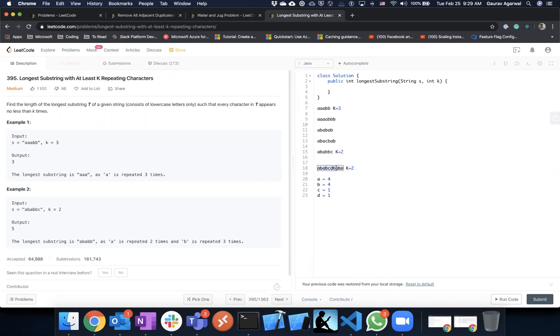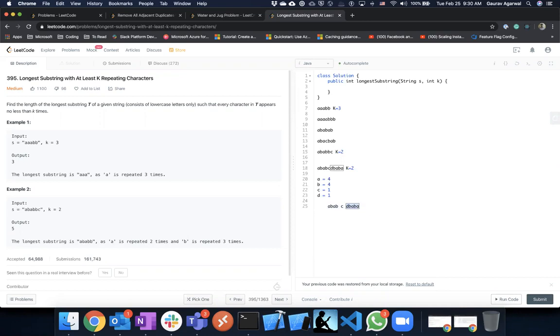Okay, so given this string, what if we break this string by the first bad character that we found? It can be any, but what if we break it by C? We divided the whole string into 2 parts. This is the left part and this is the right part.